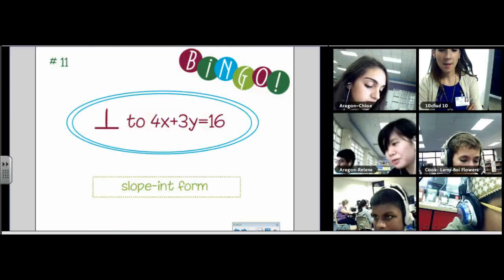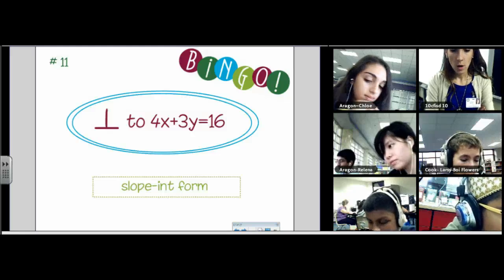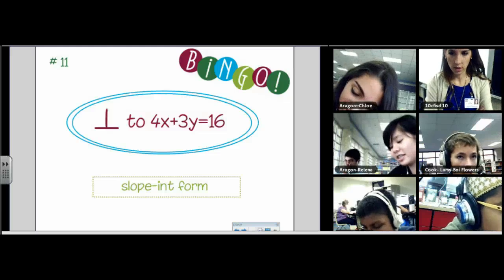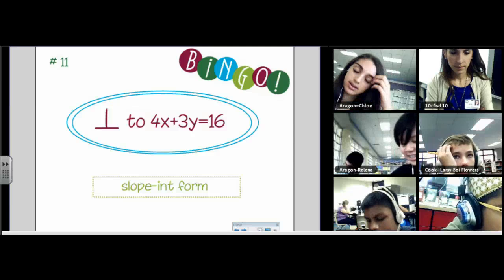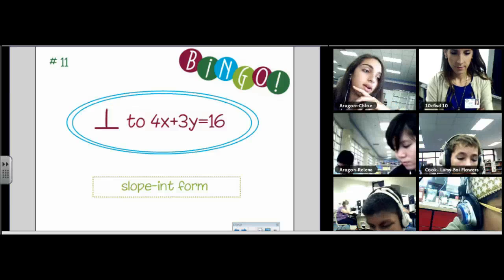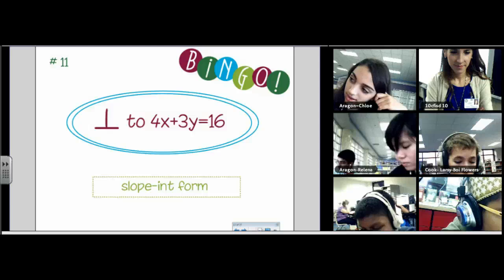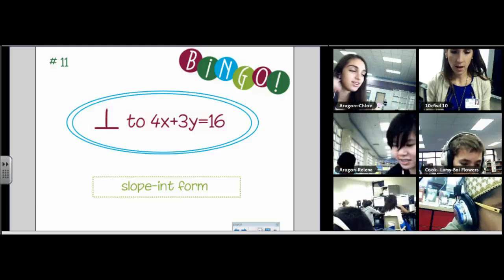Perpendicular to that line in slope-intercept form. We want to be perpendicular to the given line, and we want to find one in slope-intercept form. So, Quan, when you're ready, tell me the slope of the line that I gave you.